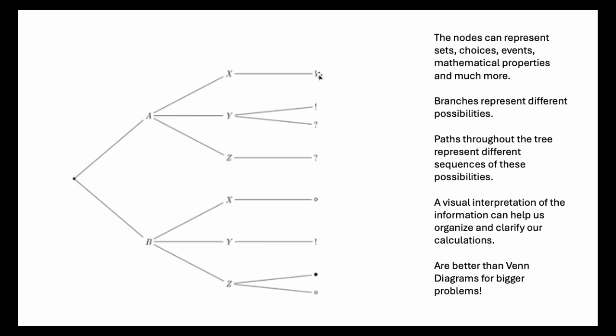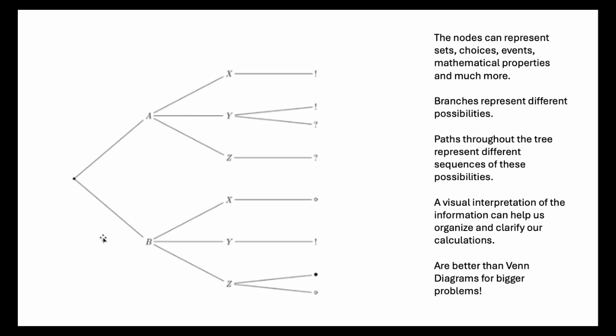So this tree is representing choices of, for example, characters on your keyboard. The branches represent these different possibilities. If you're sitting in A, you can go to X, to Y, to Z. If you choose to go to Y, then you have two other possibilities. You can either type exclamation mark or question mark, okay?